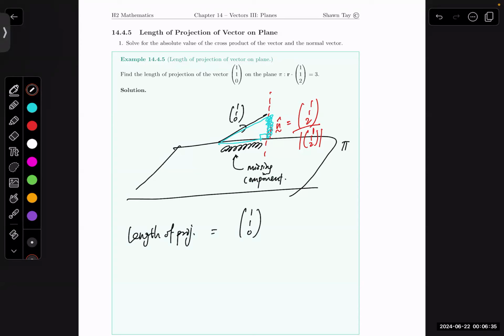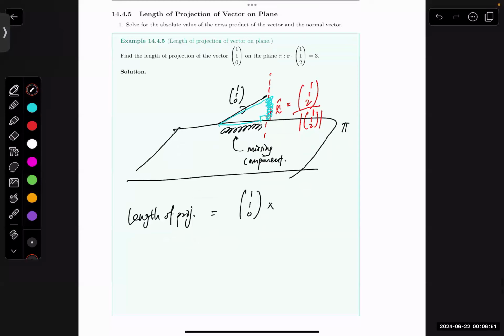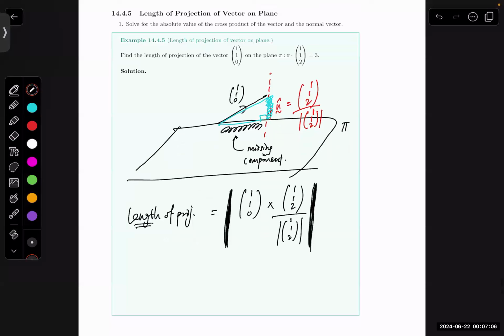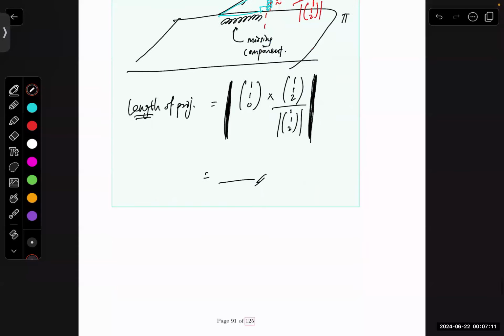After I smash the mosquito into the red color part, I can recover the missing component using a cross product. So I do vector cross n hat, 1, 1, 2 over modulus 1, 1, 2. And I want length of projection, so modulus. I only want to measure the length. So done. Next one.